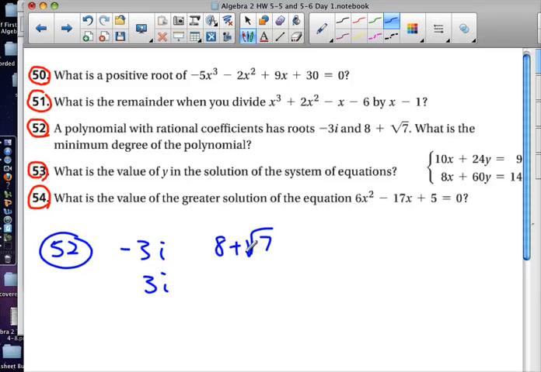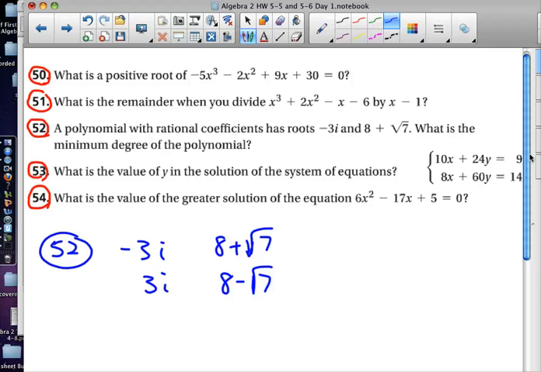This also works for radicals. Radical solutions come in pairs. So if 8 plus the square root of 7 is there, then 8 minus the square root of 7 is there. Because remember, in our polynomials, we just have normal integers for our coefficients.